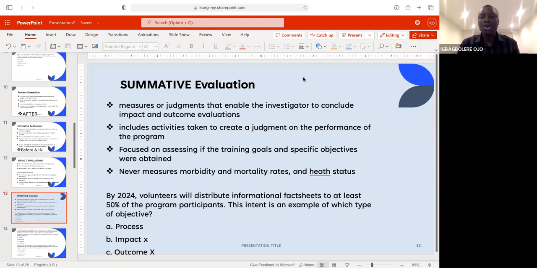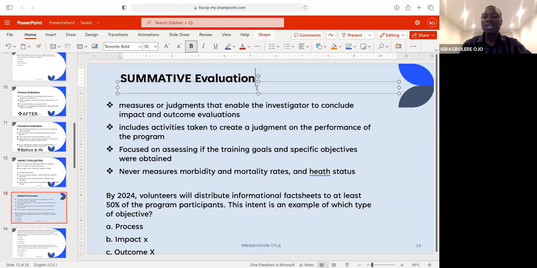It helps you to summarize that finally, this is what we have done. So in this case, a summative evaluation will seek to either give your evaluation a pass mark or a fail mark, if that makes sense.